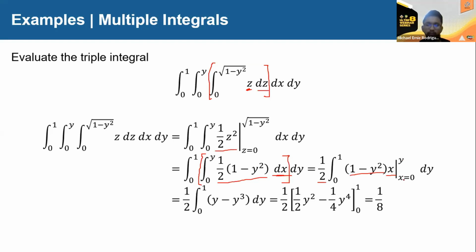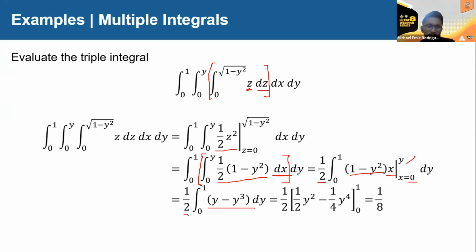Okay, and then we apply the limits, x from 0 to y. Apply natin yung limits. Substitute mo sa x. So we have 1 minus y squared times y. Okay. Minus 0 na rin, kasi 0 times this function is 0. So we have 1 minus y squared times y. So we have y minus y cubed. Okay, yan siya. And we have the 1/2.